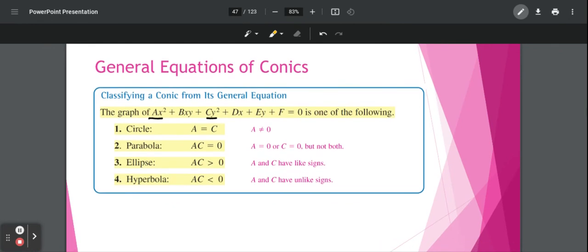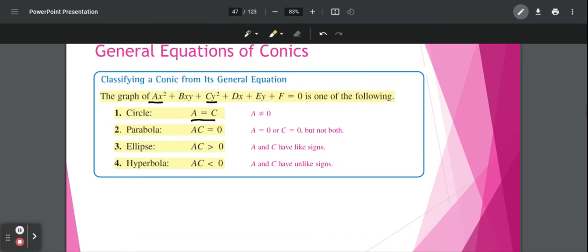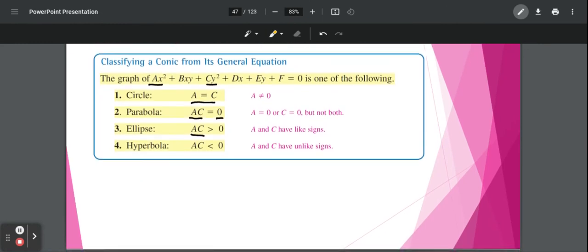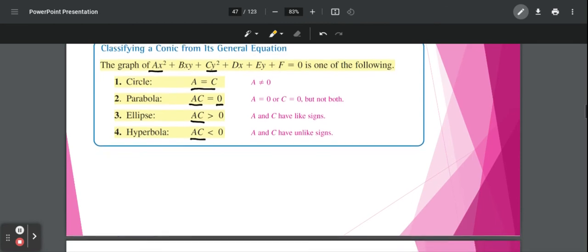If a and c are the same, then the conic is a circle. If you multiply a and c together and get 0, so really if a is 0 or c is 0, but not both, then you get a parabola. If a and c are positive, you get an ellipse. And if a and c are negative, you get a hyperbola.